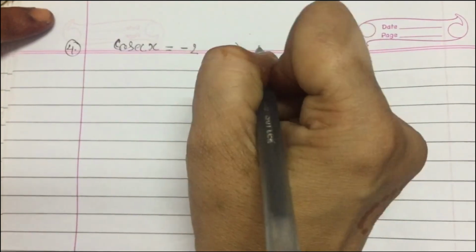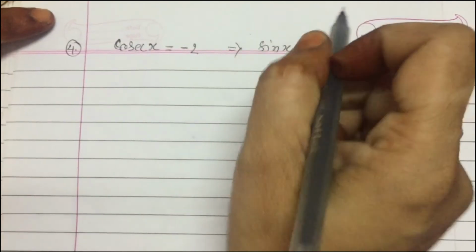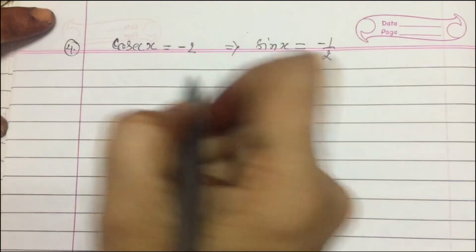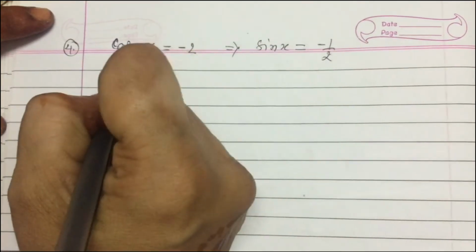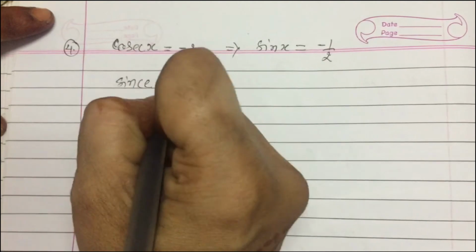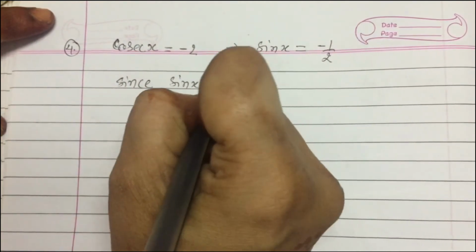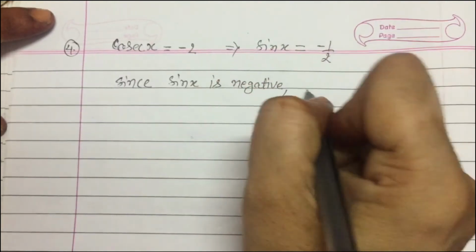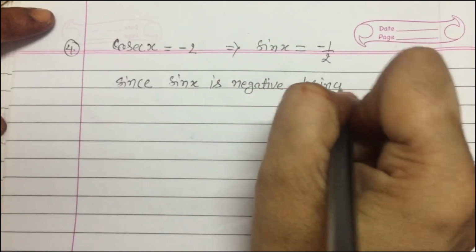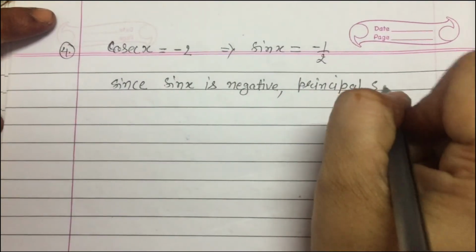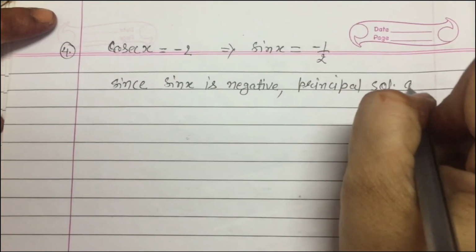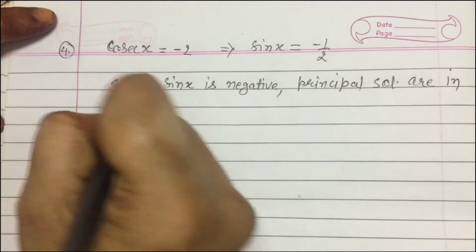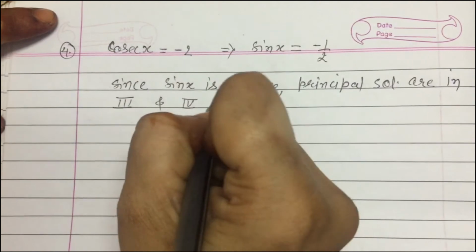Okay, so sin x is minus 1 by 2. And here sin x is negative, so you have to write, since sin x is negative, the principal solutions are in the third and fourth quadrant.